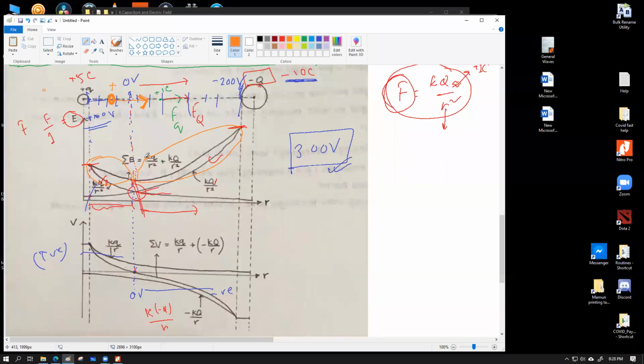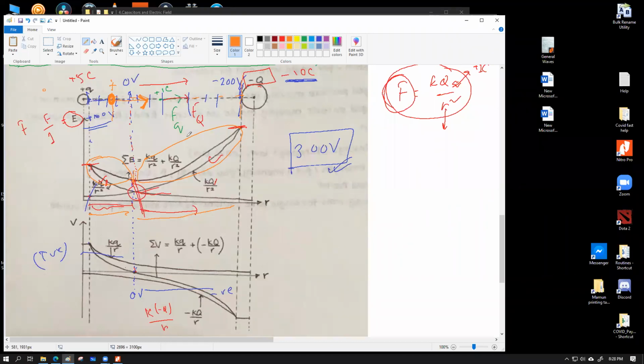Force directly affects acceleration, which essentially means for this entire journey from this point all the way up to the surface of this negative charge particle, till it hits this particle, speed will increase. Speed will never decrease. It will always increase. But for this segment, it will increase at a decreasing rate. For this segment, it will increase at an increasing rate.